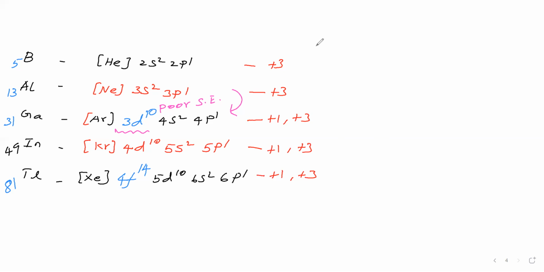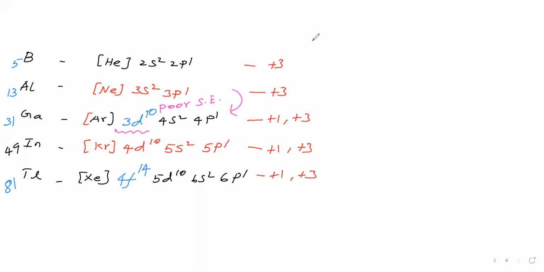Then boron shows -3. What is the reason? Boron is a metalloid, so non-metallic character is there. Therefore, it is gaining 3 electrons, so it shows the -3 oxidation state. The rest of the elements are metals.